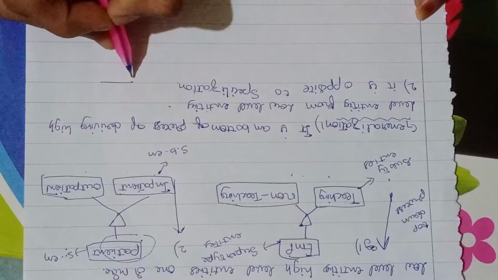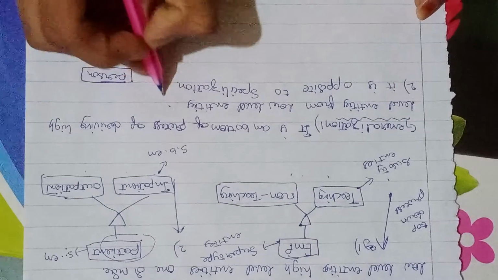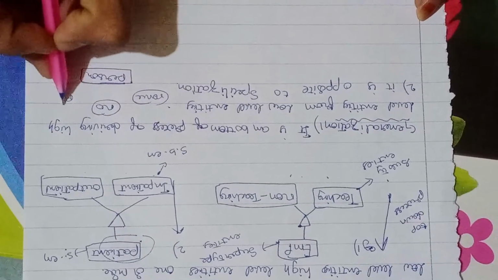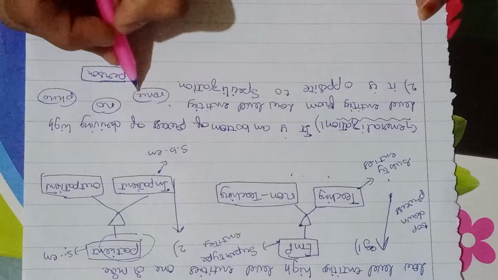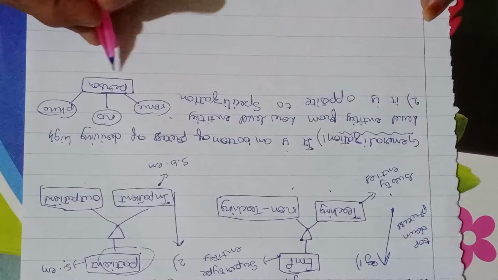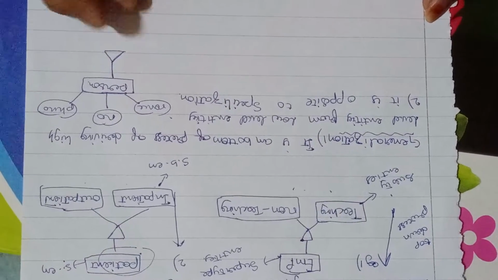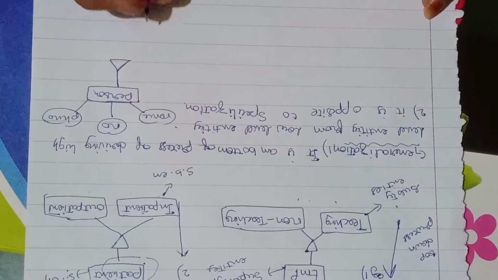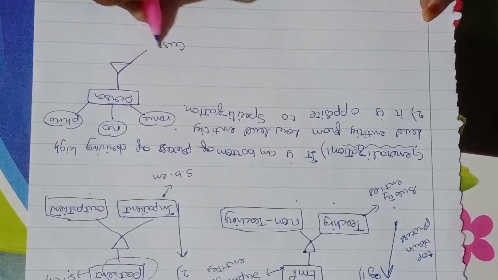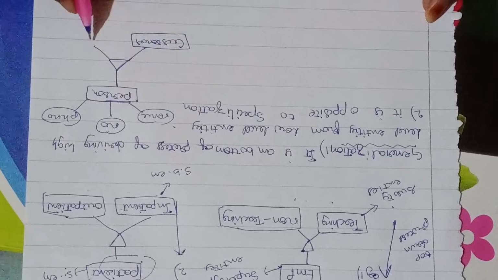Here person has name, number, phone number. The generalization symbol is denoted as this type, a rectangle. Person has customer and another is employee.